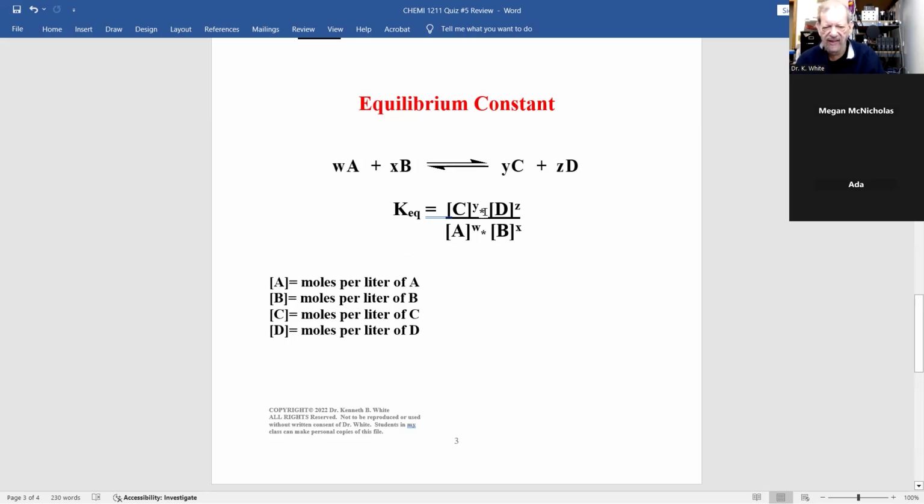Common mistake. Instead of times, students put a plus. No, don't do that. It's wrong.